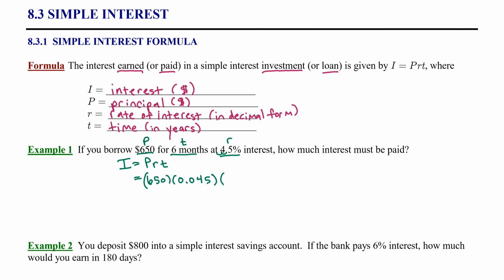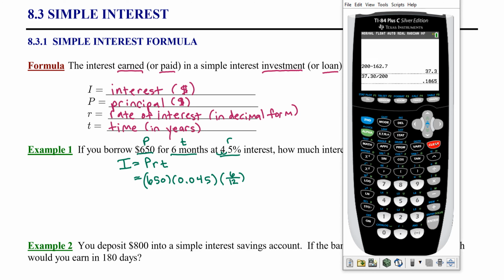So 6 months, 6 out of 12 months is going to be 1/2 of a year, right? If you have 8 months, for example, and you want to figure out how do I convert that to a year, you would do 8 months out of 12 months. Okay, 6 months you can very easily recognize that's a half a year. So if you want to write down 1/2 or 0.5, that is perfectly acceptable. Just wanted to write that down so that you are prepared to deal with another value in that spot.